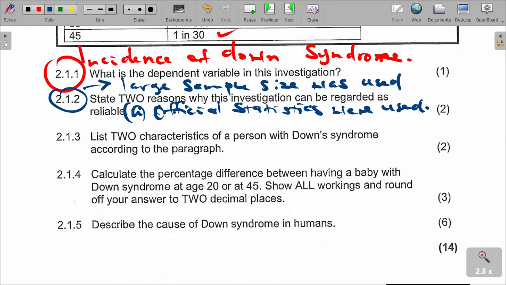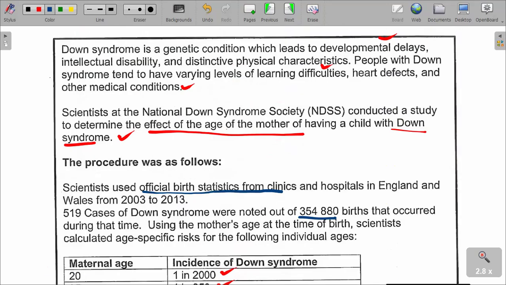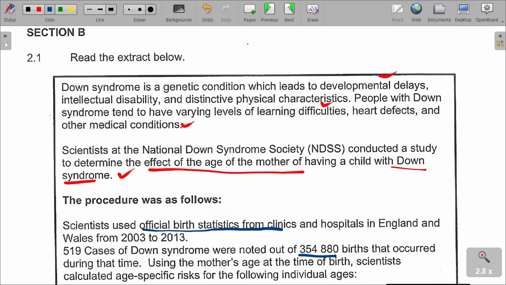And then next question is saying, list two characteristics of a person with Down syndrome according to the paragraph. We are given the characteristics here. Down syndrome is a genetic condition which leads to developmental delays, intellectual disability, and distinctive physical characteristics.